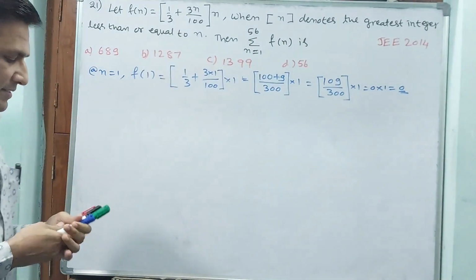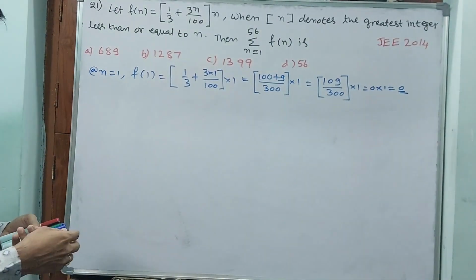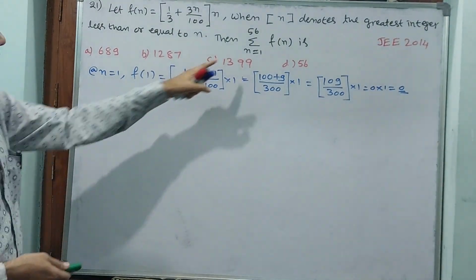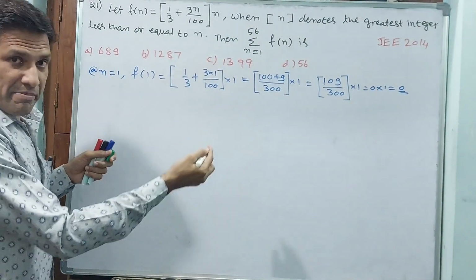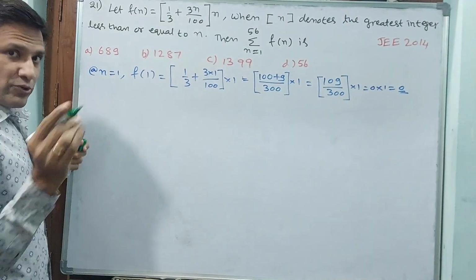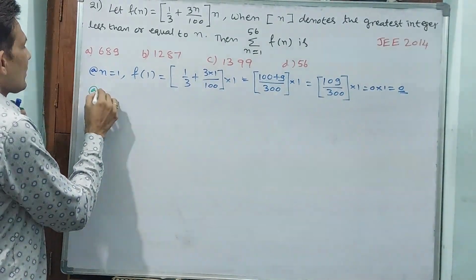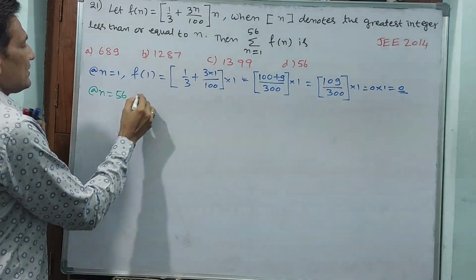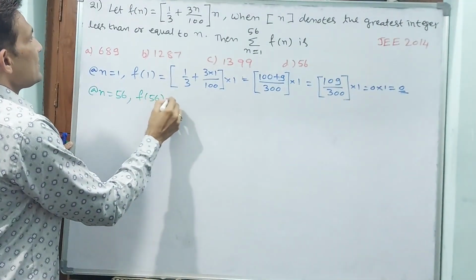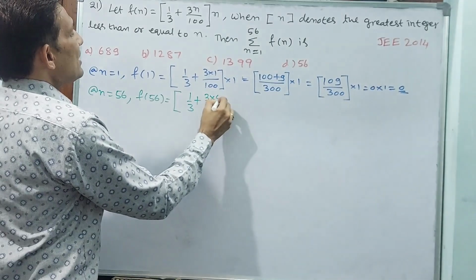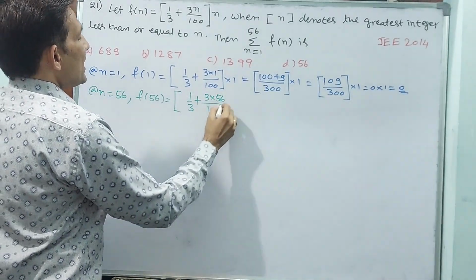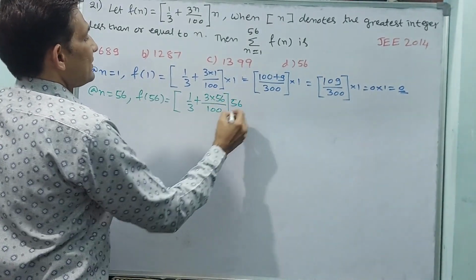Let us go again for n is equal to 56. Why? Because I want to compare. I know the answer, but you have to know. At n is equal to 56, f of 56 is equal to the greatest integer of 1 by 3 plus 3 into 56 by 100, into 56.